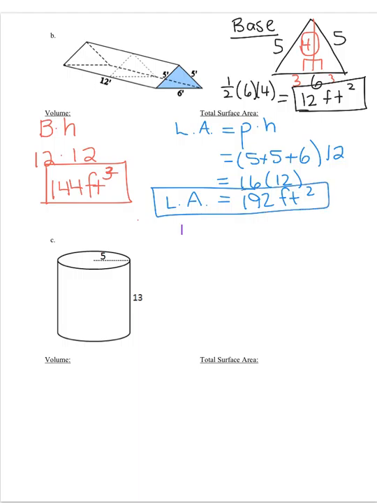And then for our total, we have our lateral plus our two bases. 192 plus 2 times that base of 12, and we are left with 216 feet squared for our total area.